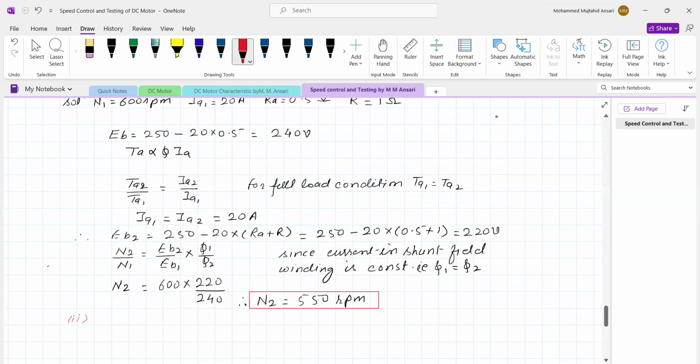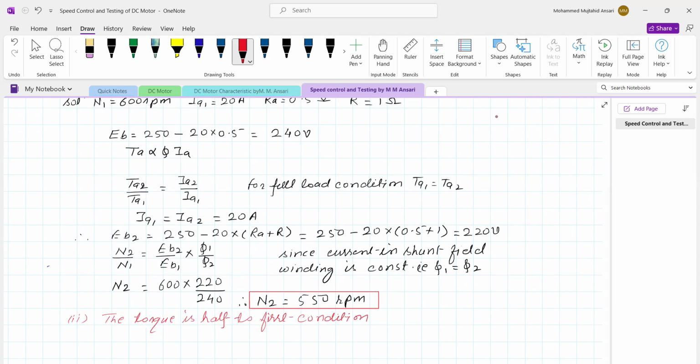Now, the second part says that the torque is half of the first or previous condition. We consider that in the previous condition, the armature current is 20 ampere.